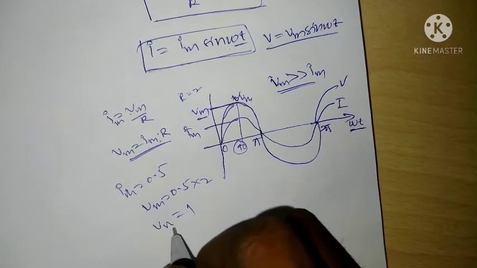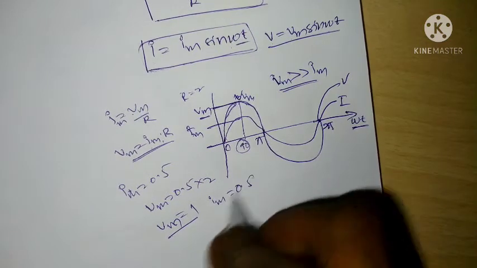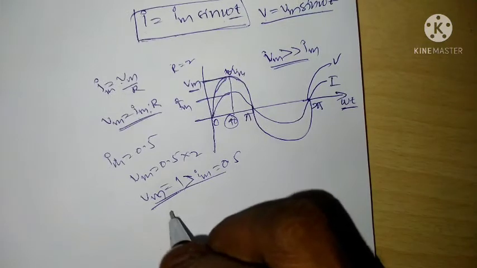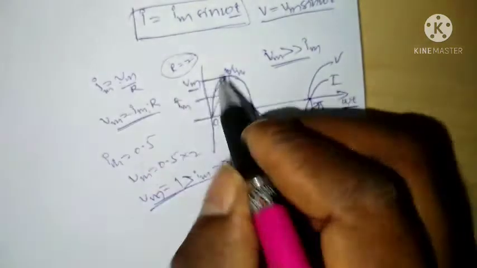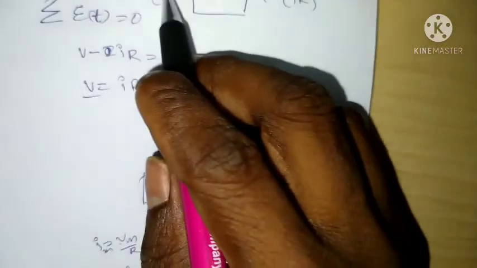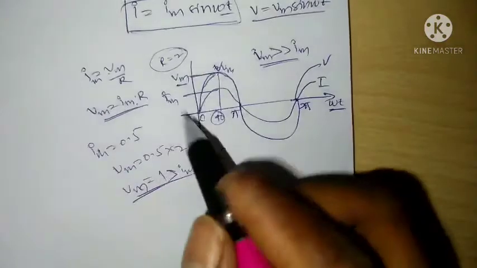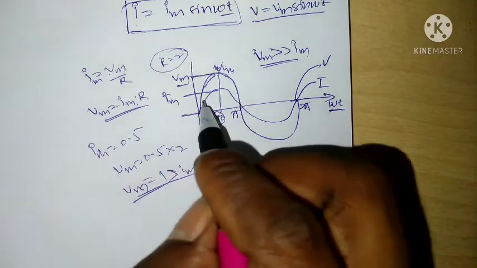That means Vm is equal to 1 and Im is equal to 0.5. The amplitude of the voltage is higher than the current at constant resistance, when the voltage is applied through a resistor.